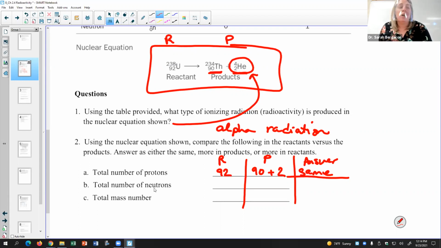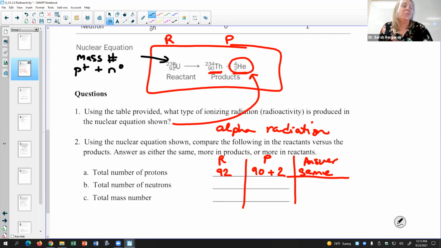Where do I look for neutrons? Is it the top number? Be careful. Remember that? What is that top number? It's the mass number. What's the mass number? It's really protons plus neutrons, right?